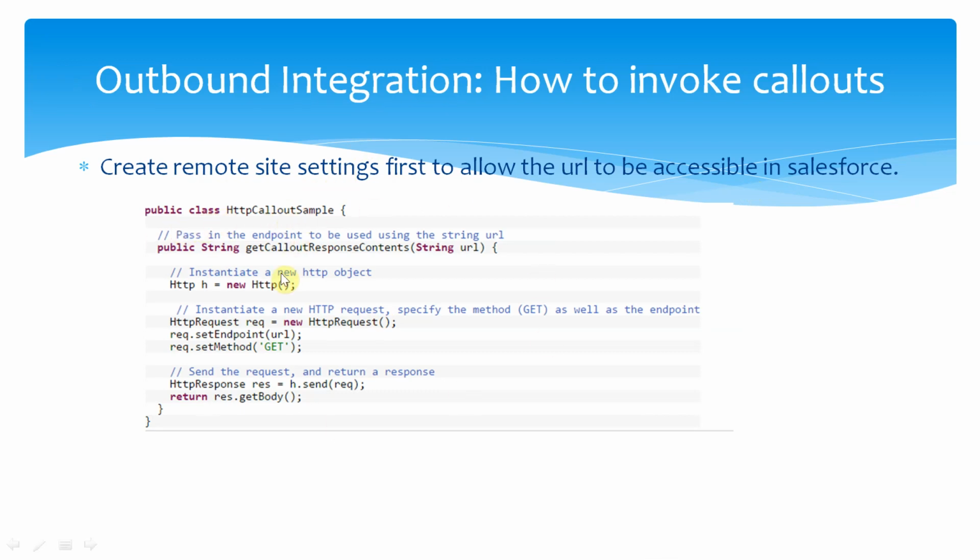Once you do that, now look at the typical HTTP call. You'll place it in a public class, create a method, and create an HTTP object. This is similar to Java or .NET. Then you create an HTTP request. In the request you set the endpoint, the URL, which will be your third party URL, and then you set the method, again specified by the third party, whether it's a get, post, patch, or put.